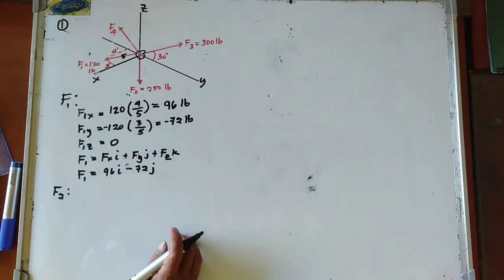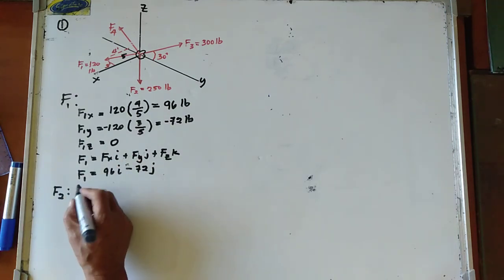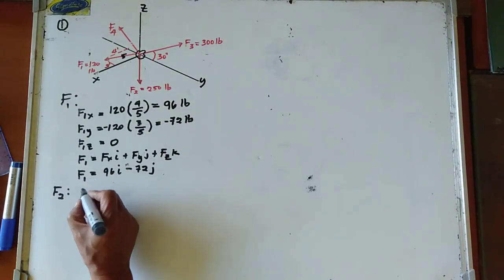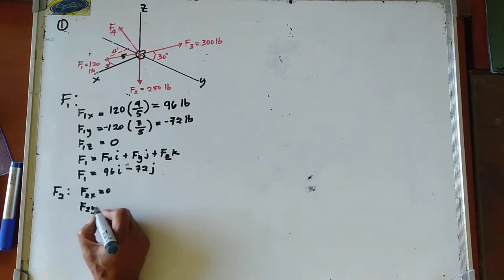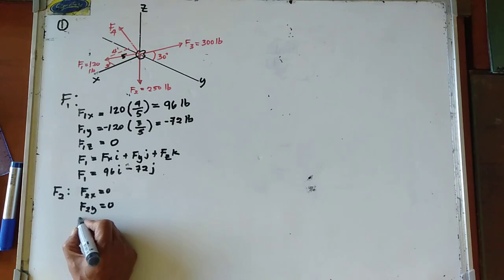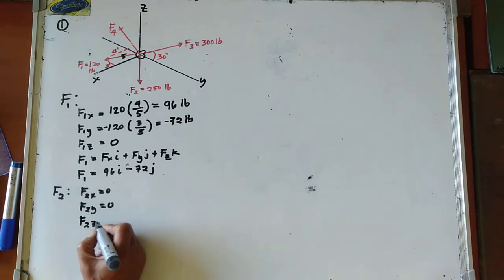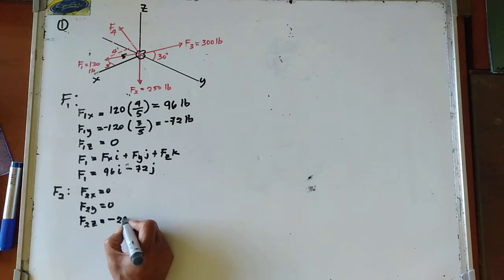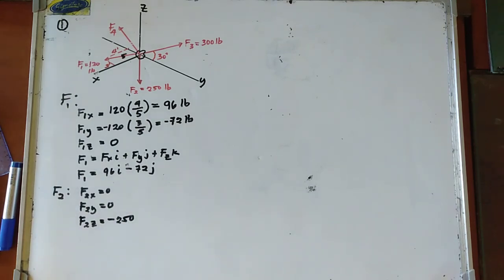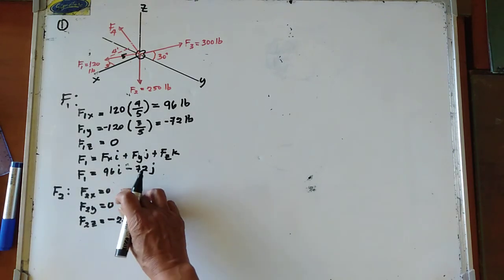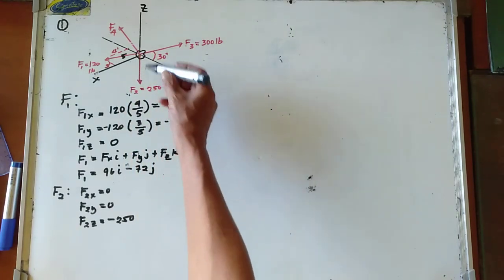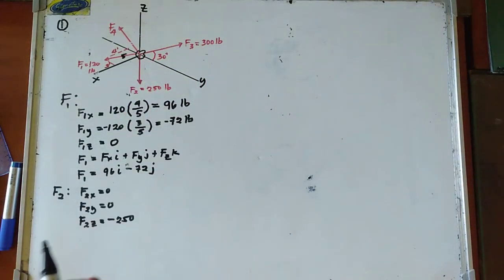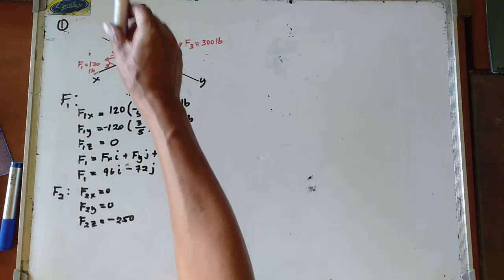Now, let's determine the components of F2. F2x is equal to 0, and your F2y is also equal to 0, and your F2z is equal to negative 250. Your F2 has no component in the x-axis and in the y-axis because your F2 is directed along the z-axis, and that is going downward.